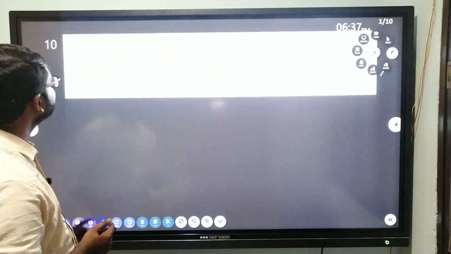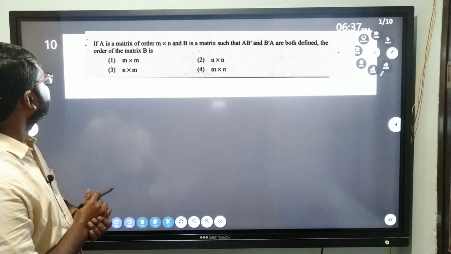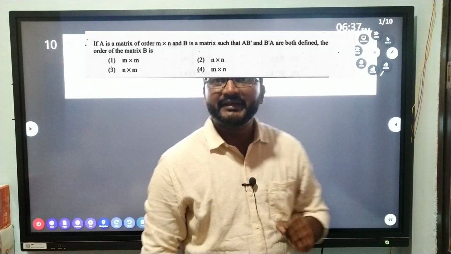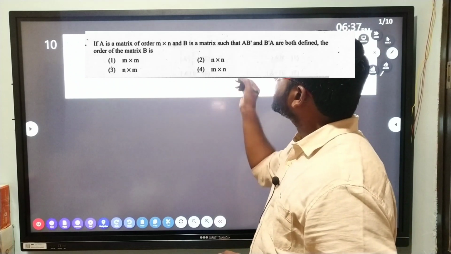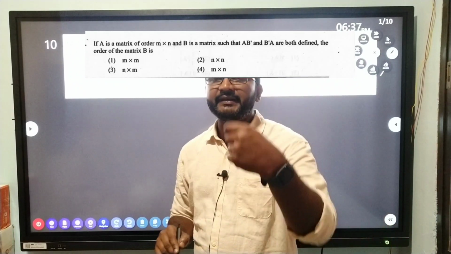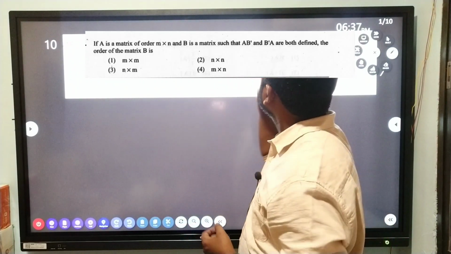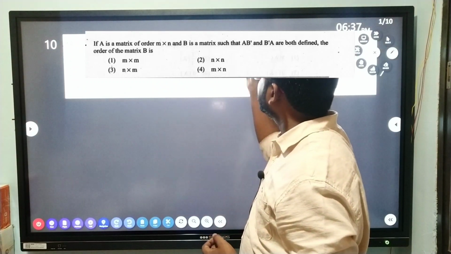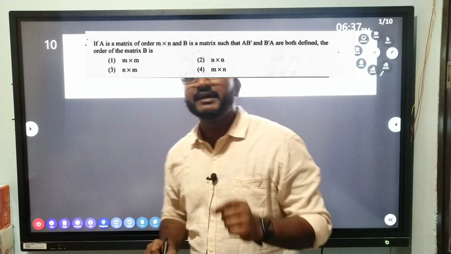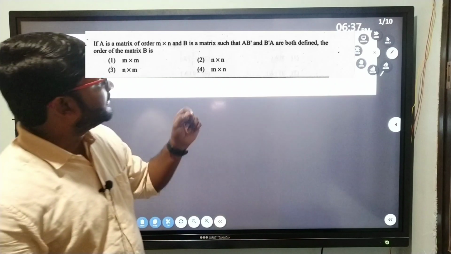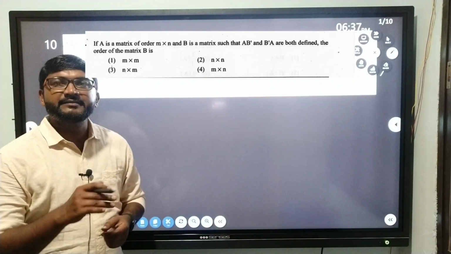Then the next question, it is question number 10. If A is a matrix of order m by n and B is a matrix such that AB dash and B dash A are defined, then the order of the matrix B is.